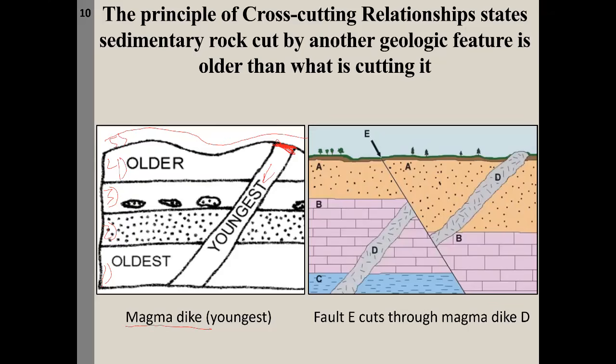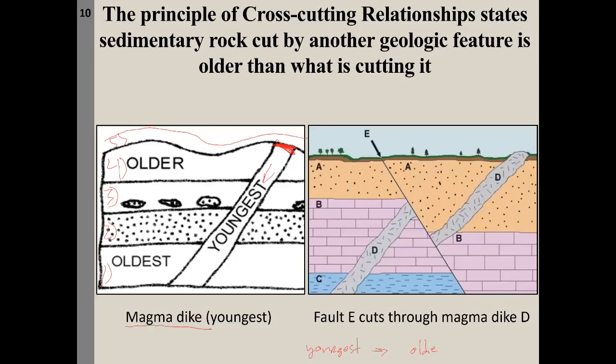Similarly, on the right, we've got another example, right? Okay, so let's go look over there. We got C, B, A, D, E. Okay, well, C, B, A look like just normal sedimentary rock layers. So youngest to oldest, excuse me, oldest to youngest.